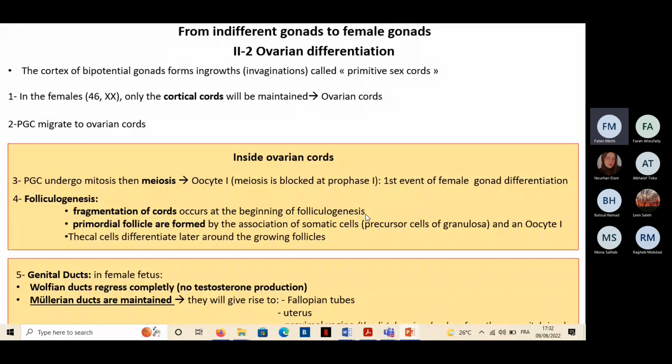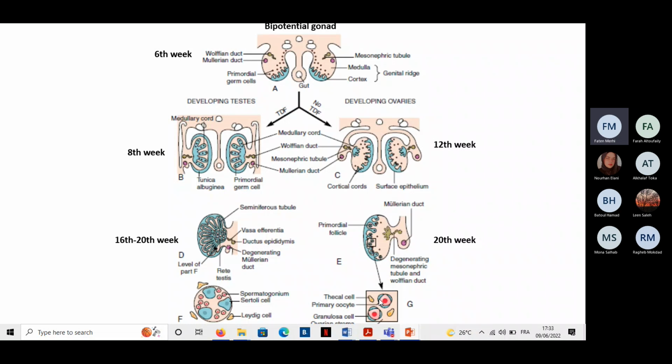Here we are talking about folliculogenesis, which is the production of follicles, because now the germ cells will be surrounded by the follicular cells, and we call them follicles.